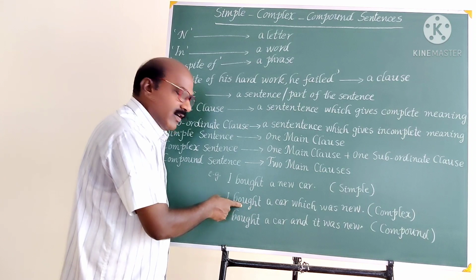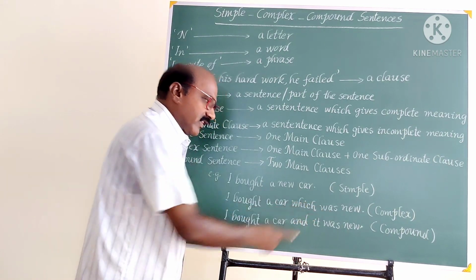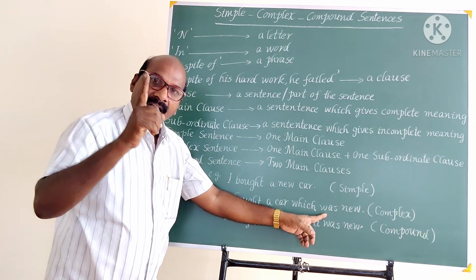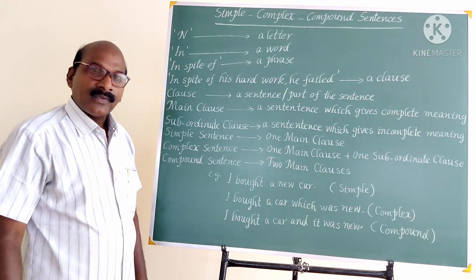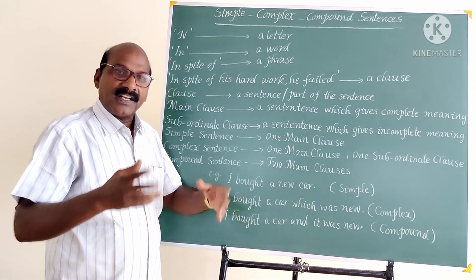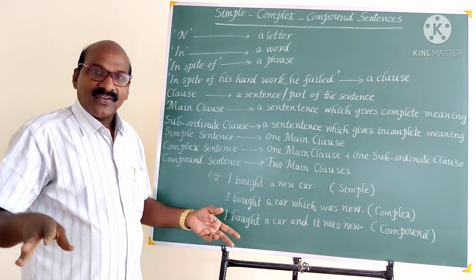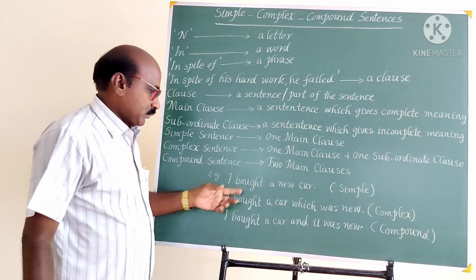Here, bought is one finite verb that indicates tense, and was is another finite verb that indicates tense. Totally, in complex and compound sentences you find two finite verbs. A finite verb is a verb that indicates tense, whereas a non-finite verb is a verb that does not indicate tense. In every clause you find one finite verb.